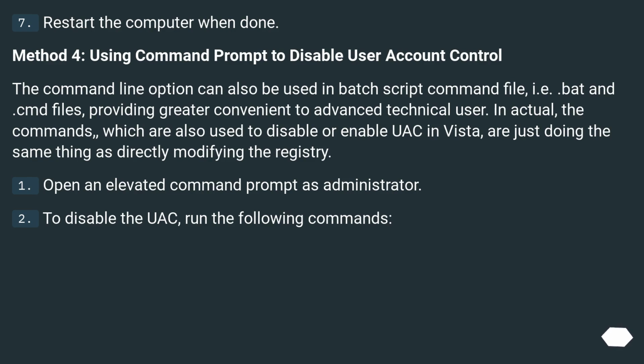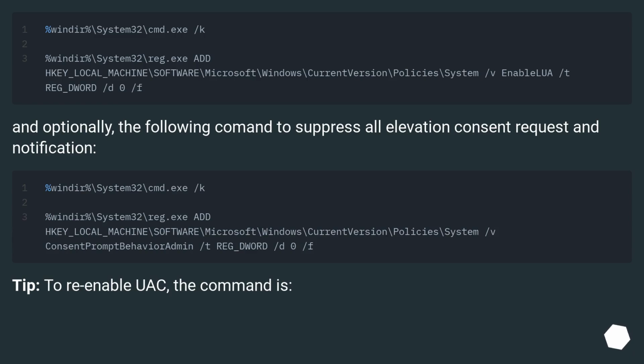1. Open an elevated command prompt as administrator. 2. To disable the UAC, run the following commands. And optionally, the following command to suppress all elevation consent requests and notifications.